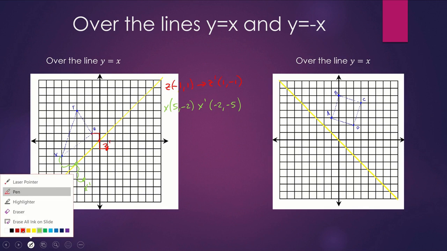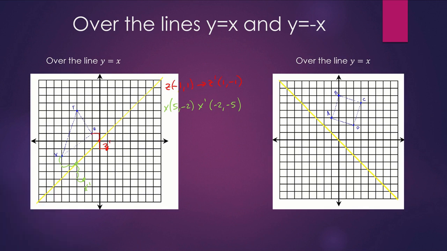And then lastly, we have y. To get to y, I have to go 6 units up, 1 left. So that means I go 6 units to the right, 1 down. That puts me at y prime. And so once again, if I were to find the slope and distance of each one, I would see that they're exactly the same.